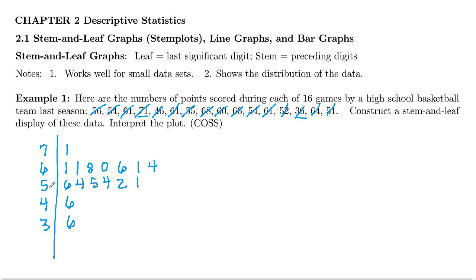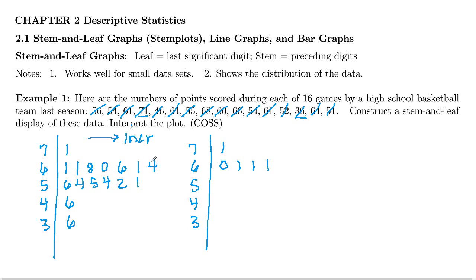Now one thing we want to do is rearrange these digits so that they increase as you go from left to right. So we'll redraw our stem and leaf here. 70s, 60s, 50s, 40s, and 30s. No rearranging with the 71, but here we've got 60 and then 3 61s. So 0, 1, 1, 1.